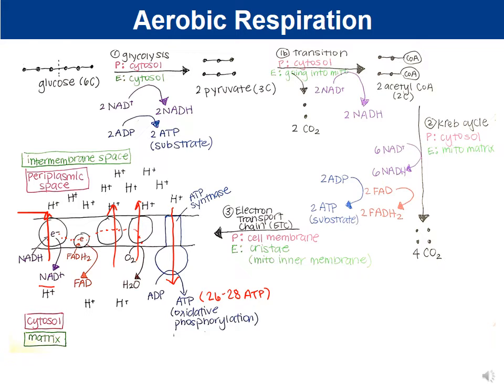So again, when you study this, you want to study for each step what goes in, what comes out. And I would recommend, just to practice studying, keep trying to draw this out by memory. If you can draw this out by memory, you can answer any question that I have related to this, because that means that you understand the process.